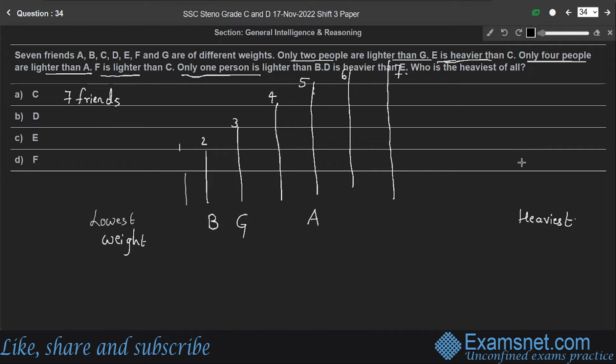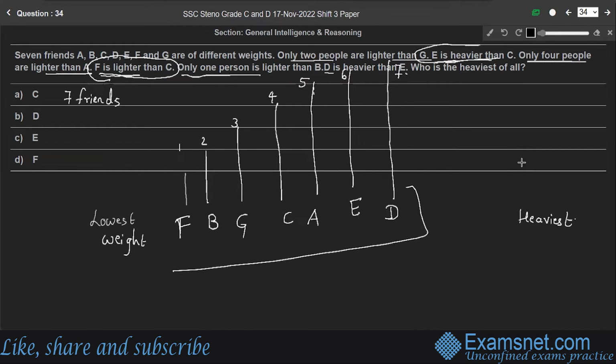Next one, D is heavier than E, right? So before going to D, we'll consider this point: E is heavier than C, and D is heavier than E. Therefore, person D comes here, heavier than E, and E is heavier than C. It is also given that F is lighter than C, so F is the lightest one.